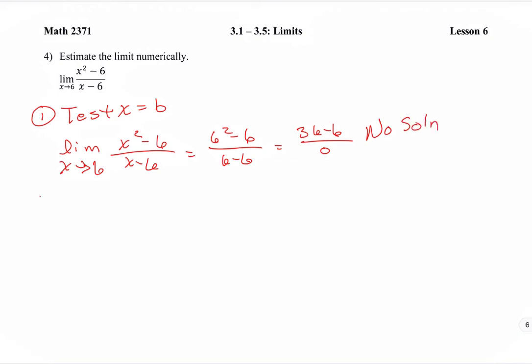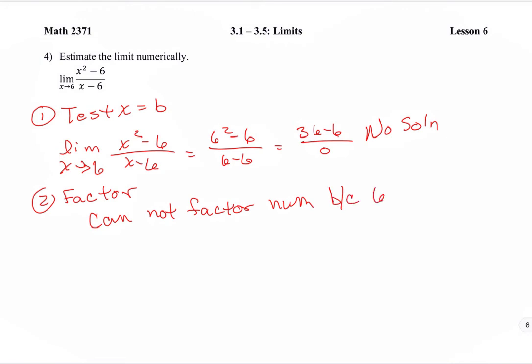I cannot factor, so number 2 is to factor. I cannot factor the numerator because 6 is not a perfect square.